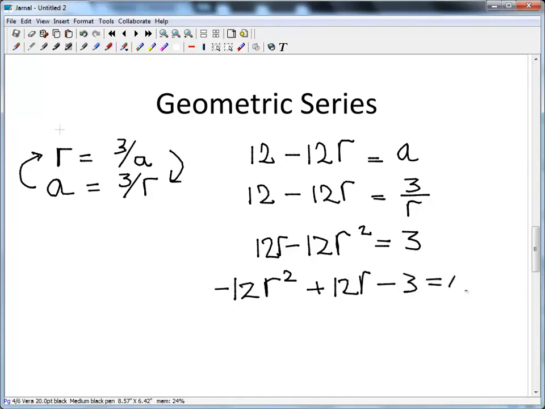I'm taking it in baby steps here. Let's divide the whole thing by minus 3. So we have 4r squared minus 4r plus 1 equal to 0.